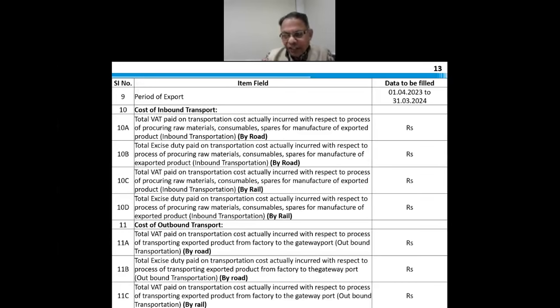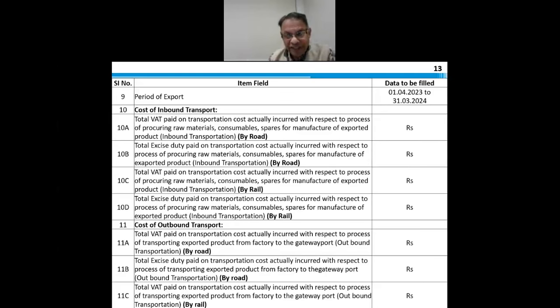And if I know that the average kilometer rate per liter is say 3 kilometers or 2.5 kilometers, then I can take into account that, okay, 120 kilometers divided by 3, so 40 liters of diesel. On 40 liters of diesel, this is the amount of excise duty. This is the amount of VAT. Again, throughout the year, the diesel rate is not going to remain the same.